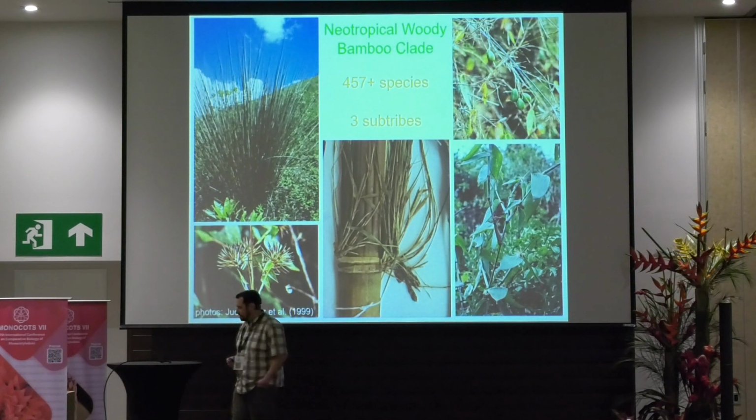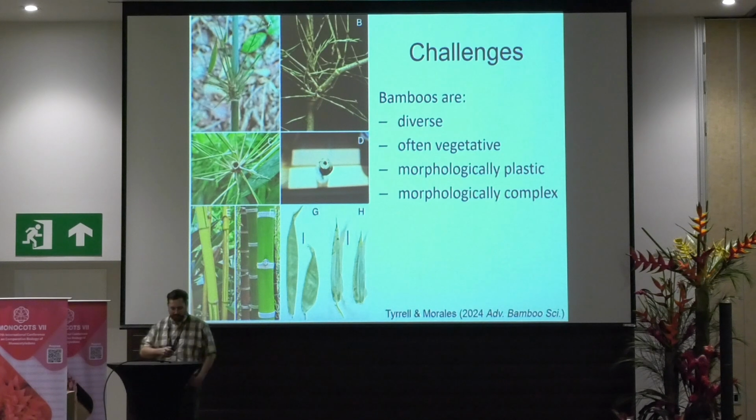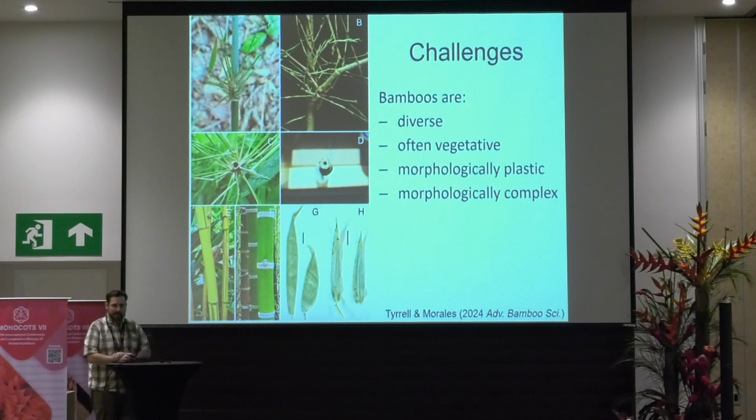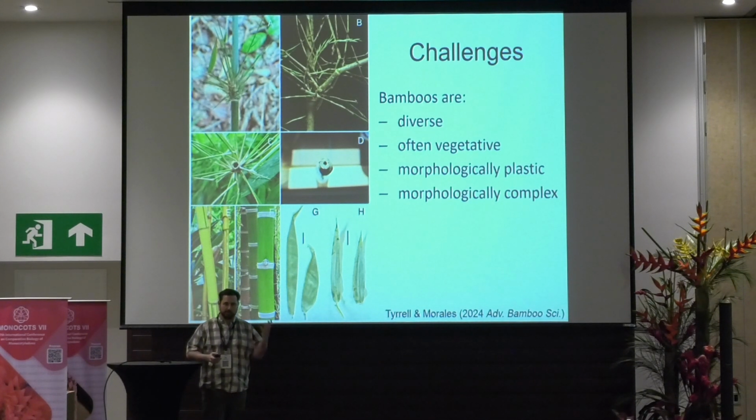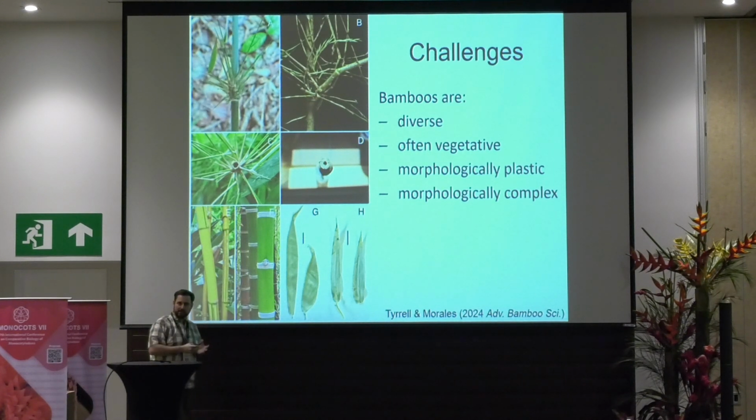And this diversity kind of leads into a number of challenges when you're trying to identify bamboos. So in particular, the bamboos have a lot of phenotypic plasticity. So the variation in characters on a bamboo can change whether you're looking at the base of the culm or the tip of the culm or the middle of the culm.